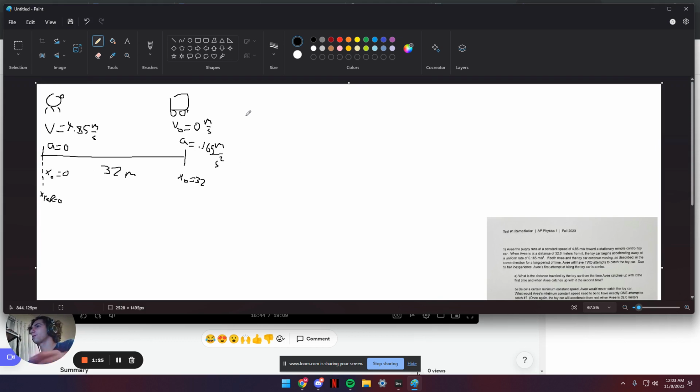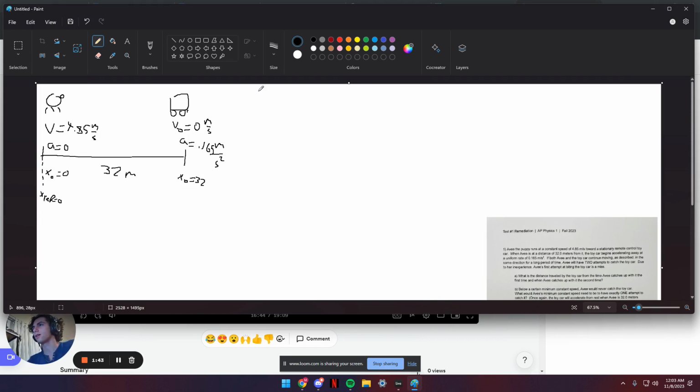Let's think about what type of problem this is. There's no forces really specifically mentioned in this problem, so we can assume it's not a net force problem.